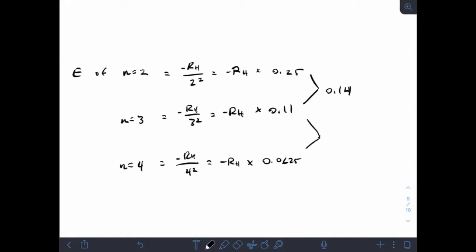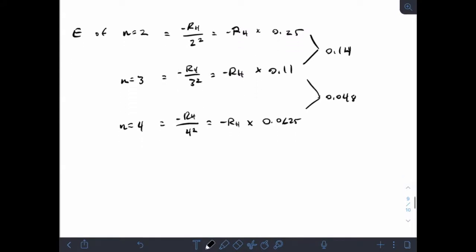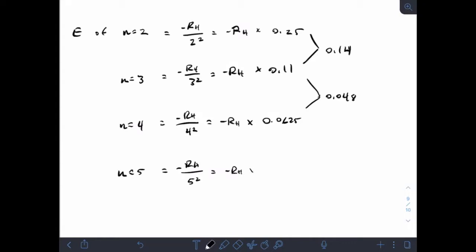The difference between those two energy levels is less. If I go to n equals 5, the difference between those two energies is less still.